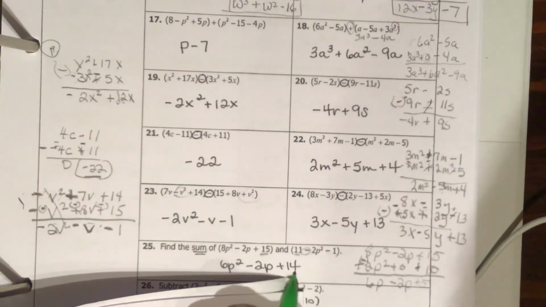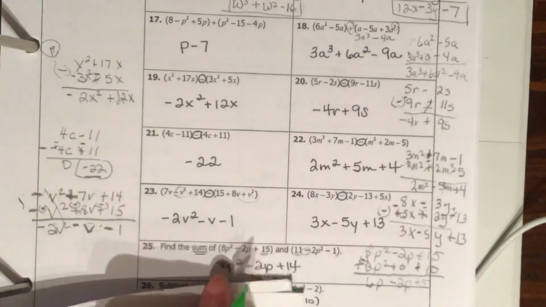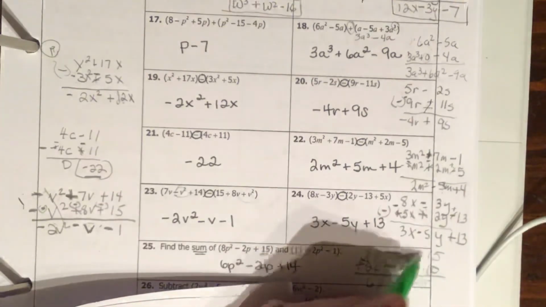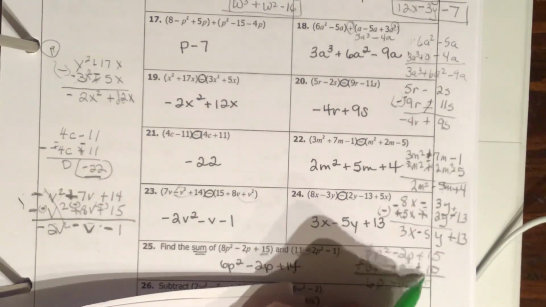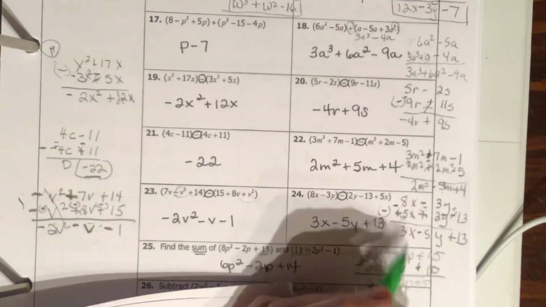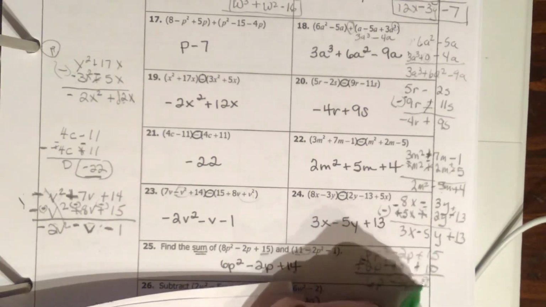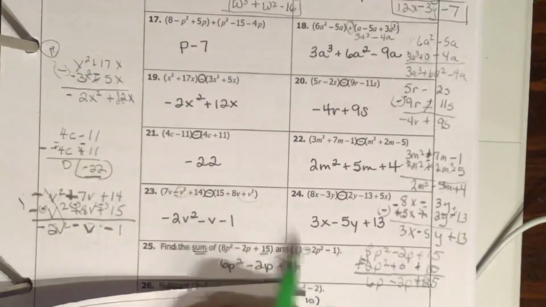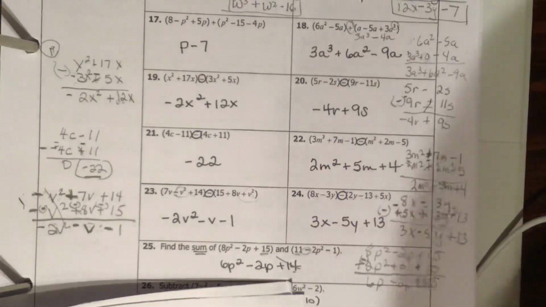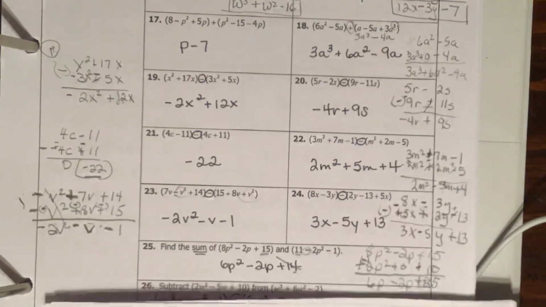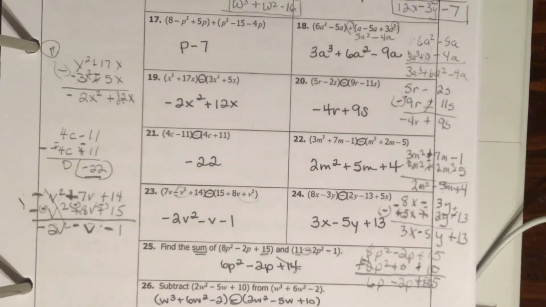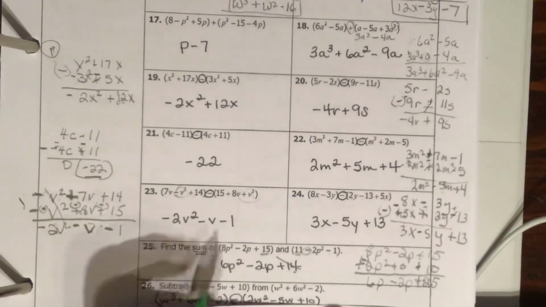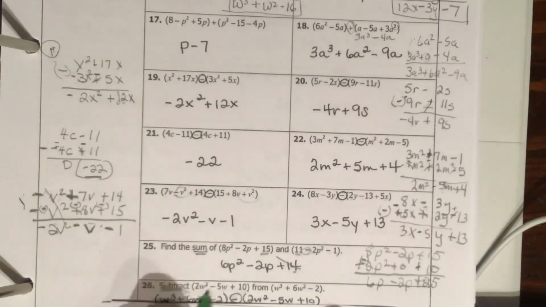There's no way that that's 14. So if you're adding it, this has to be 25. So I don't know where they got that. That answer is wrong.